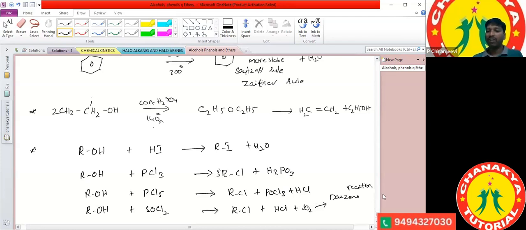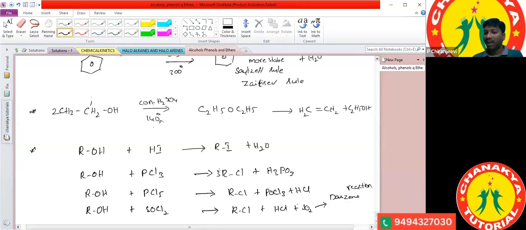Darzens' reaction. Darzens' reaction is one of the best methods to synthesize alkyl halides.